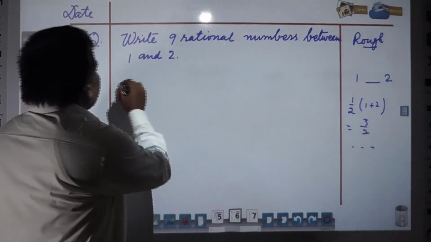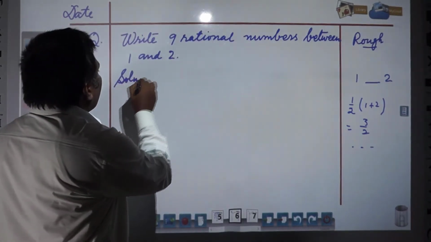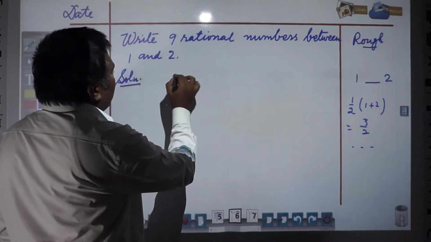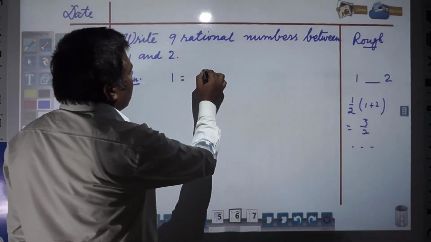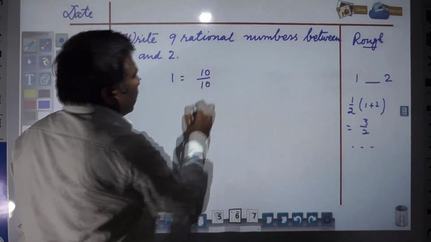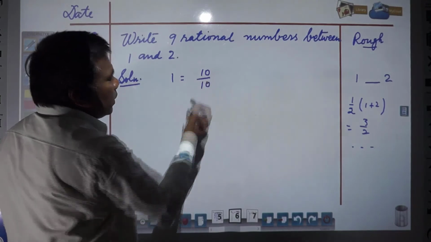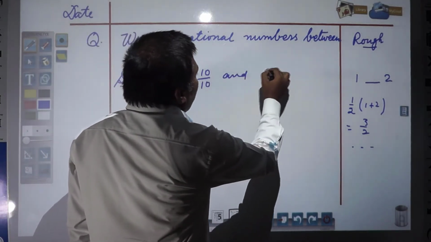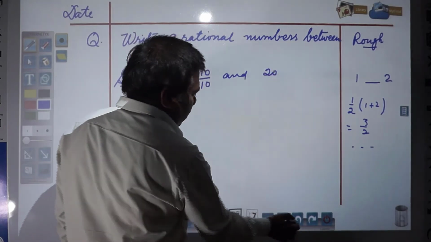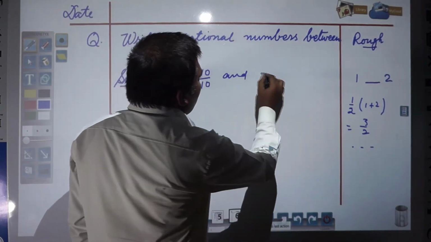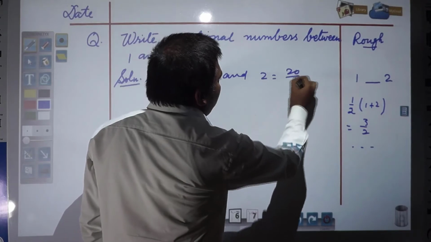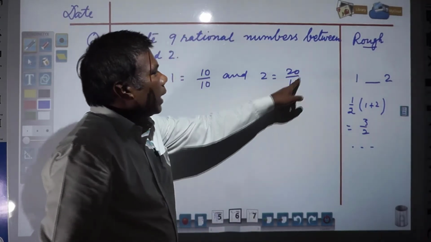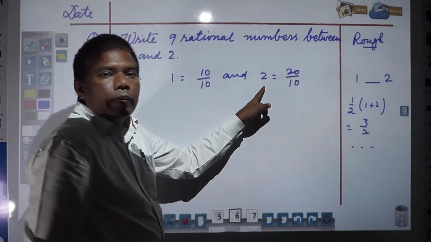Here you see what we can do. See, 1 can be written as 10 by 10, because if you cancel this, you will get 1, and 2 can be written as 20 by 10. We cancel this, you will get 2.